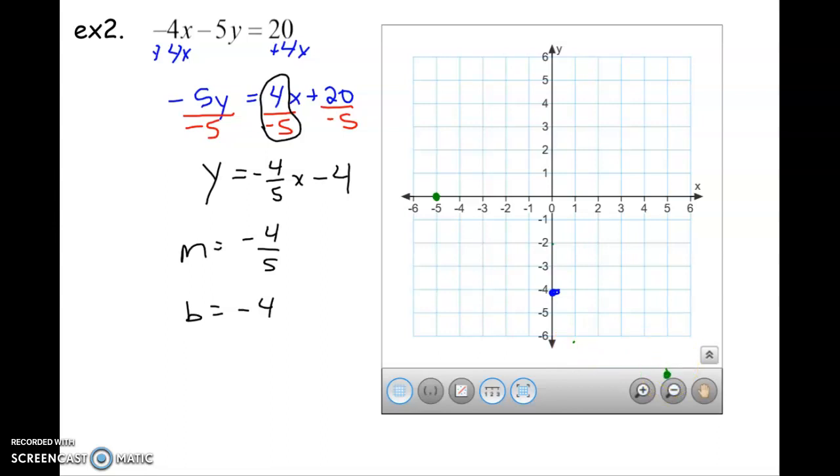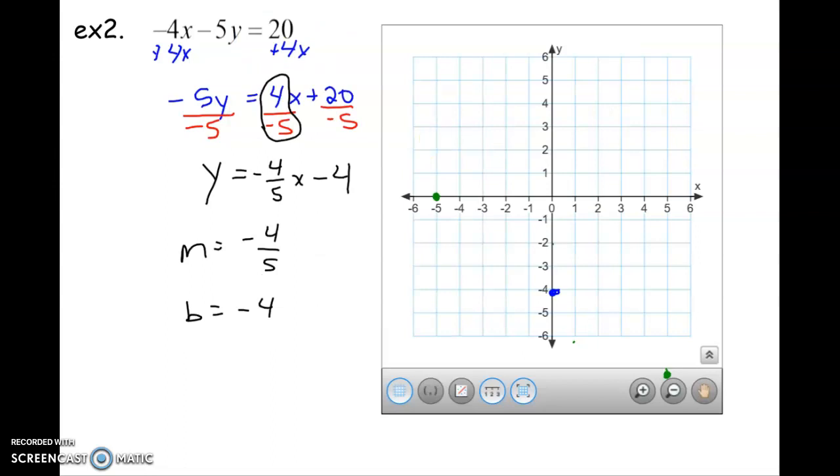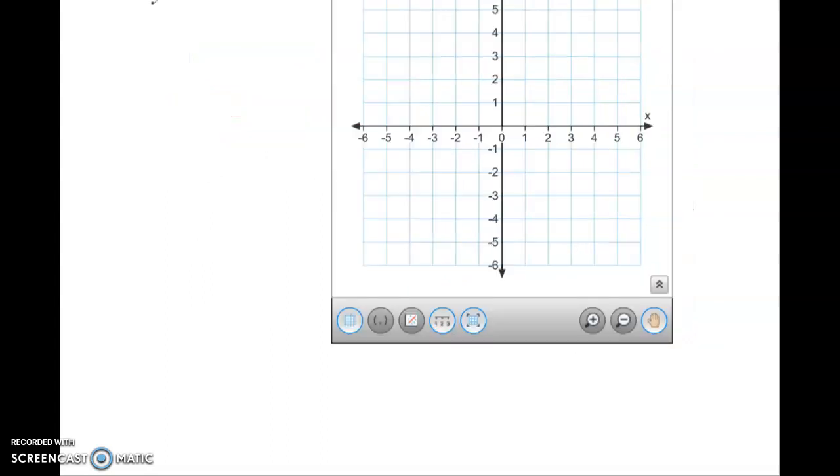All right, so then take that straight edge, connect those dots, to show that the line is going on forever. All right, let's go to the next one, example 3.